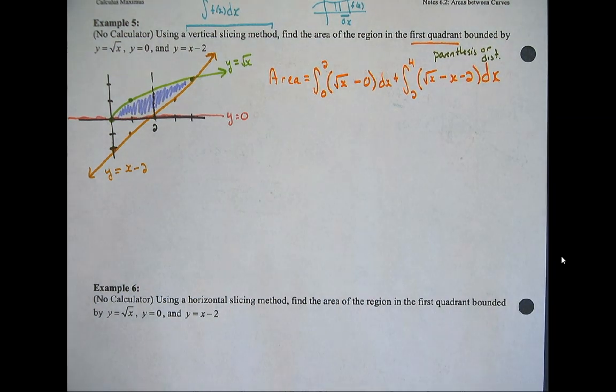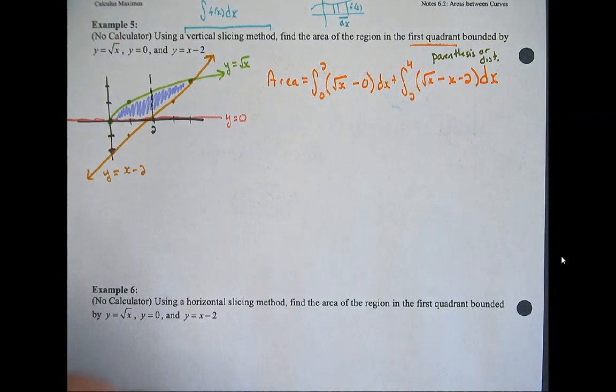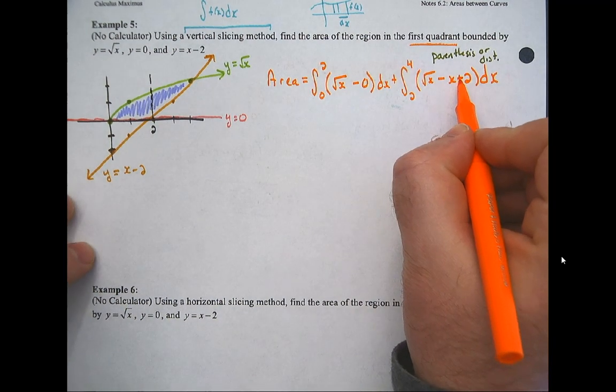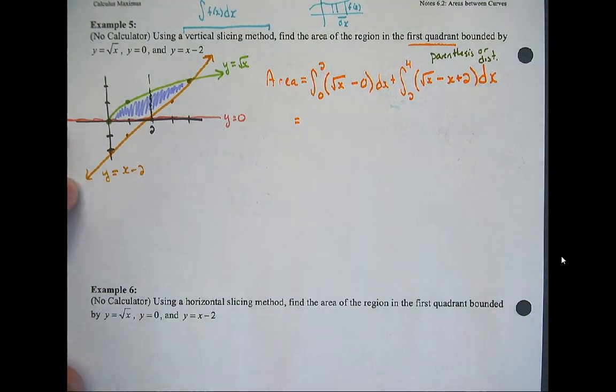You can pick, I don't care which one, but this would not be correct. I should either put parentheses around that or I should distribute the negative as I go. For me, it's easier to just distribute the negative as I go. There are other equations that are more complicated that I wouldn't do that with, and I'd take another step and try to clean it up algebraically before I integrate it.